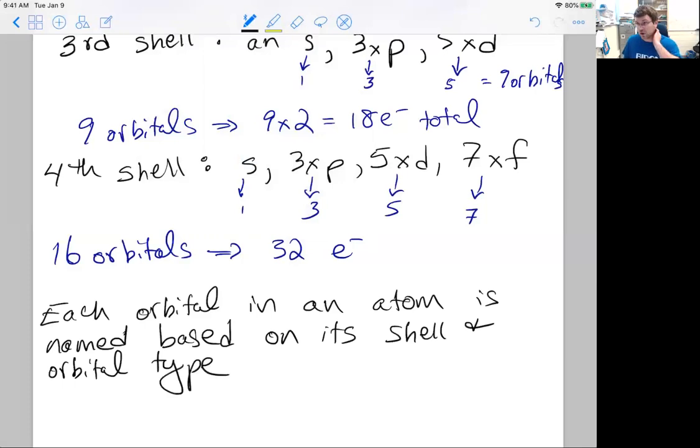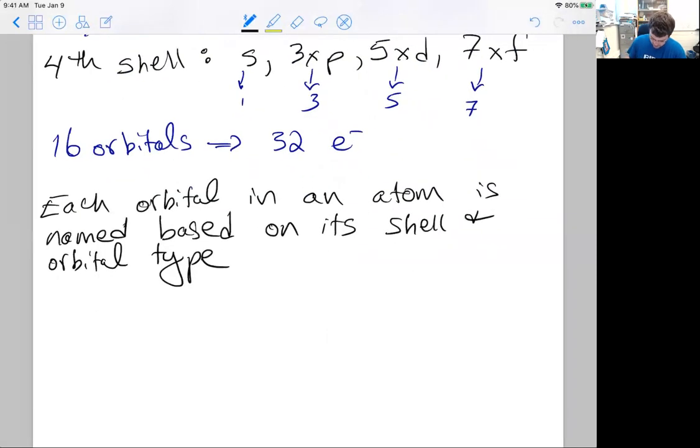So based on its shell and orbital type, we will be able to name each of these orbitals. For example, the first shell has the 1s orbital, and it holds 2 electrons.